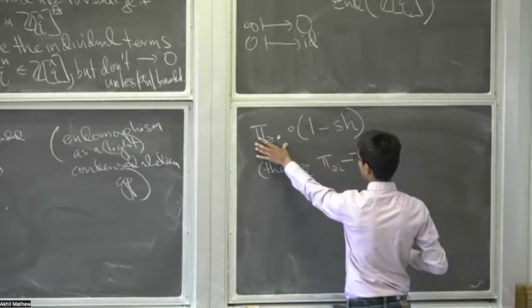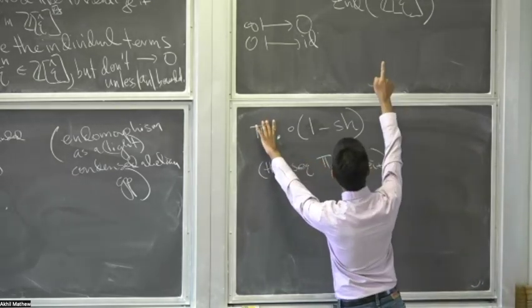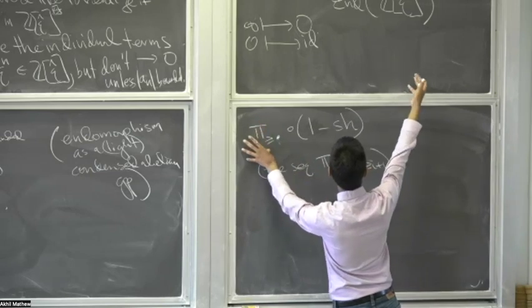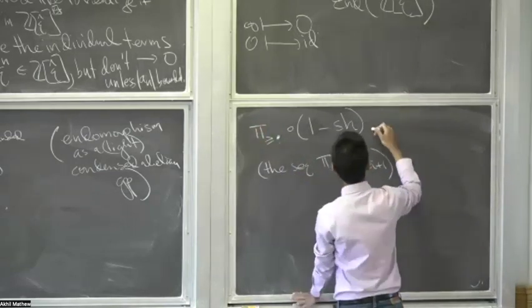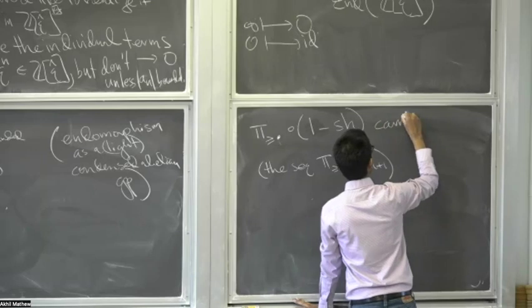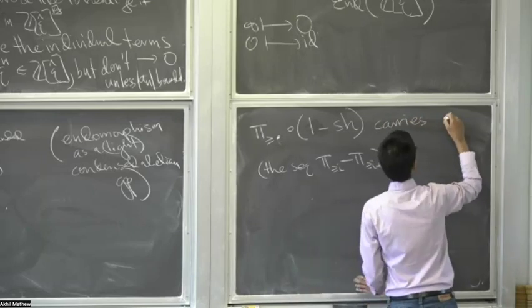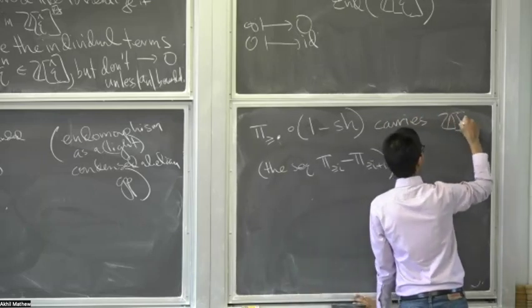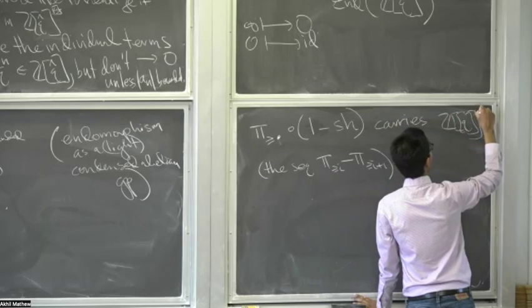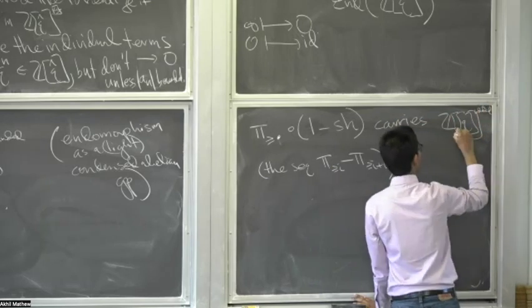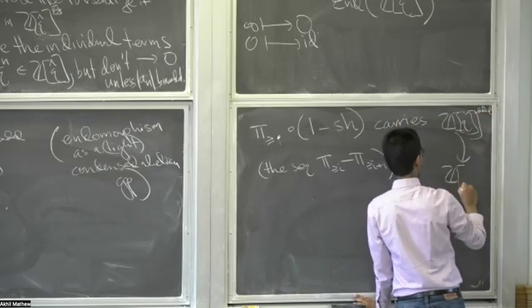So this is going to induce a null sequence of endomorphisms of Z[[q]]_bounded and Z[q]-hat. But this actually carries Z[[q]]_bounded into Z[q].